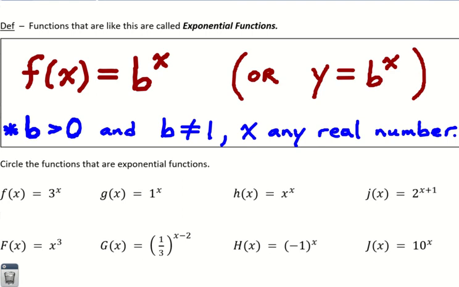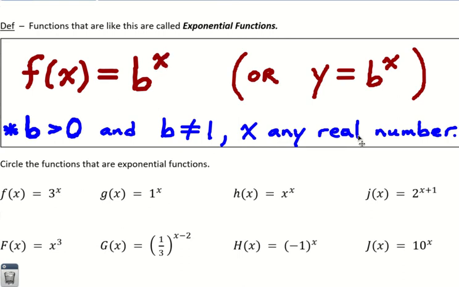But here's more the official textbook definition of what really defines an exponential function. And so it's going to be f of x or y, whatever, they're interchangeable. F of x equals b to the x power, some base b to some power x.